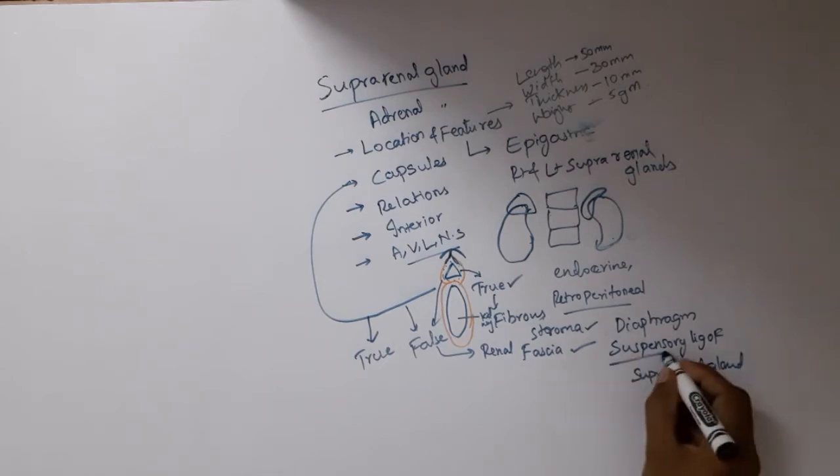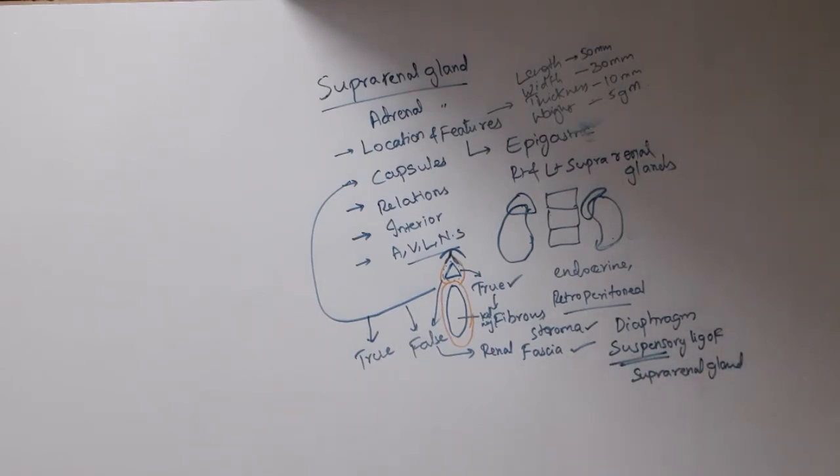So the suspensory ligament is nothing but the false capsule which is fusing in the apical part and then going and attaching to the diaphragm.